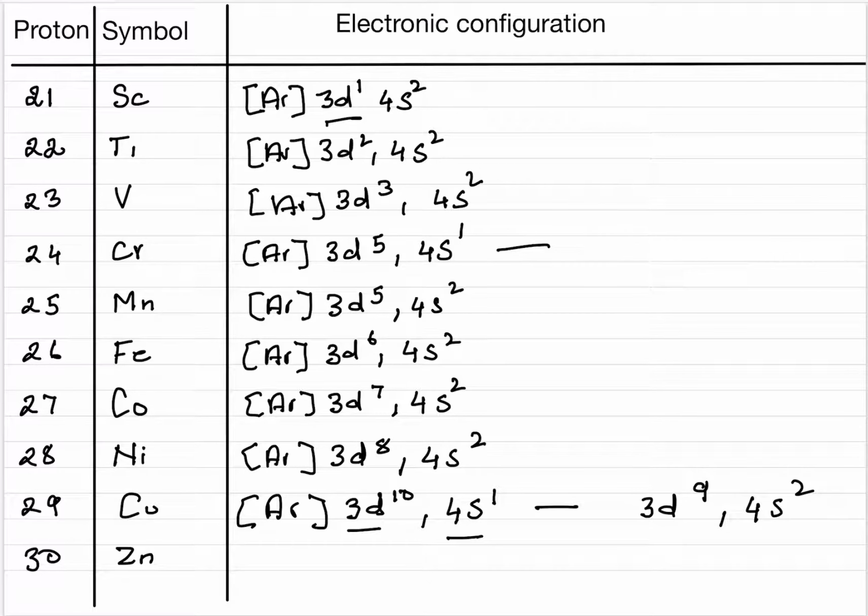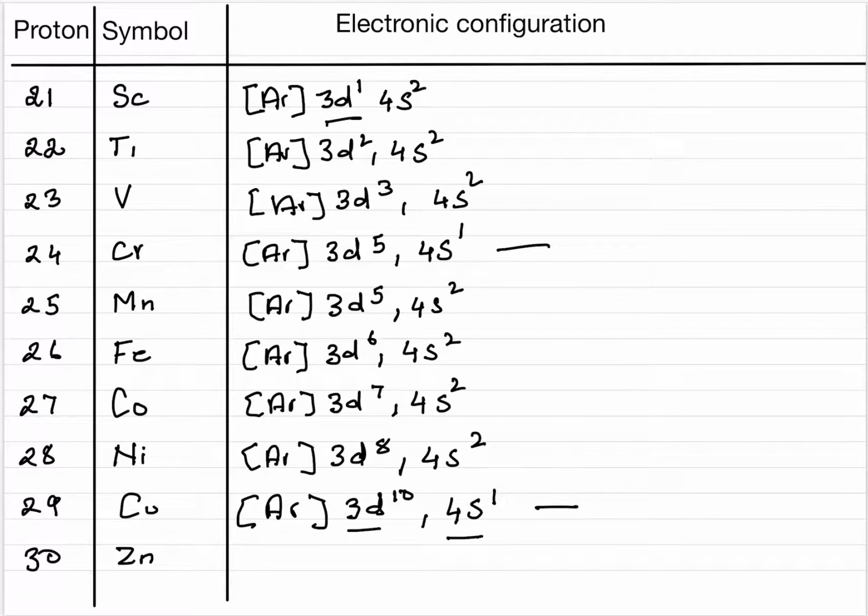The reason again over here is similar to what I said before. What did I say? I told you that the 3d10 4s1 electron arrangement is more energetically stable. So these two elements, copper and chromium, come under exceptions in the pattern. So remember them, please. Don't mix up. I hope you have understood it.